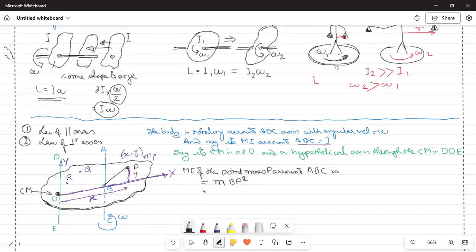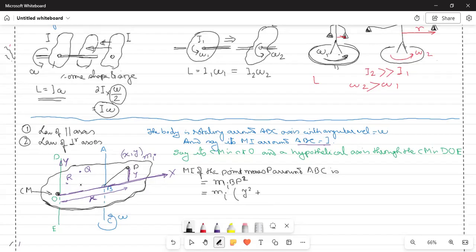Now, what is m BP square? We write mi because we have taken mi. Writing mi every time is a little difficult. What is BP square? BP square is y square plus this distance.